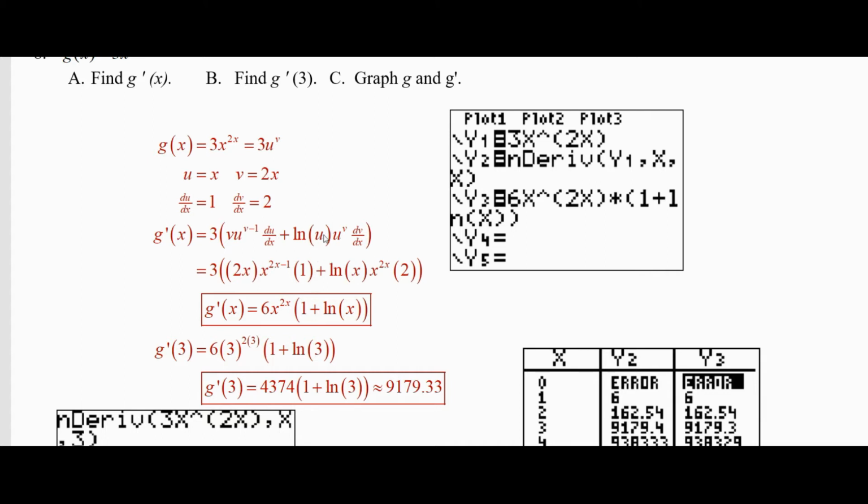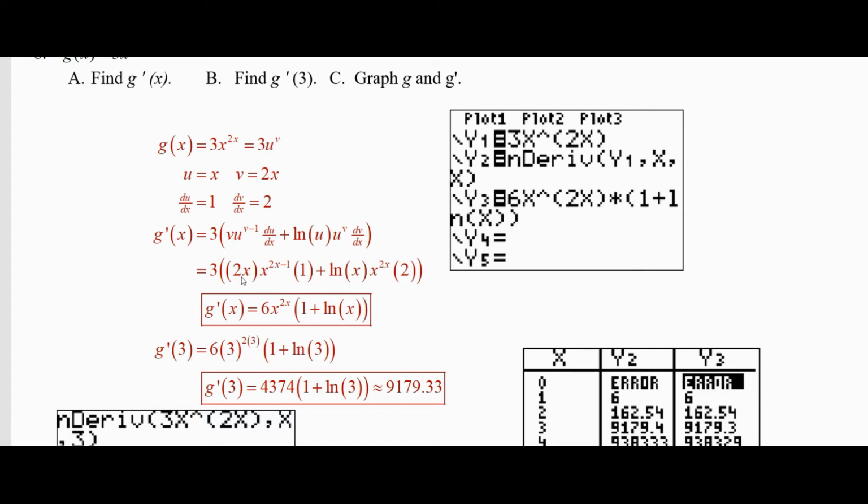Over here we have log of u, which is log of x, and this is x to the 2x, and then that derivative is 2. So let's see, they both have a 2 here. So I'm going to factor that out, times the 3 is a 6. If I multiply that x by this one, that power becomes x to the 2x. And then we have an x to the 2x here, so I can factor that out front.